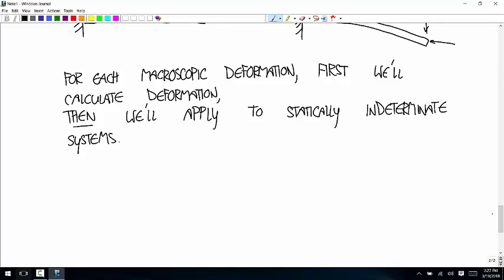So I'm going to start by talking about elongation. I'll talk about how to calculate how far the end of a beam has moved due to elongation or contraction, and then we'll talk about how to apply that to statically indeterminate systems.